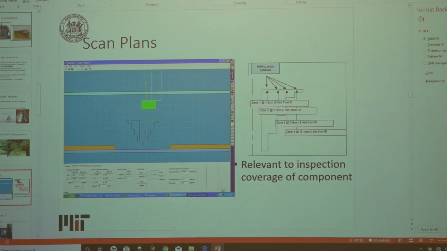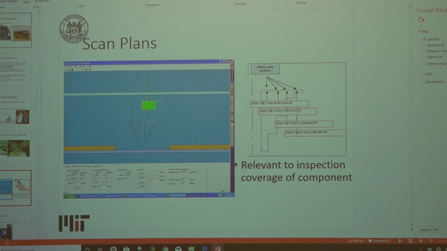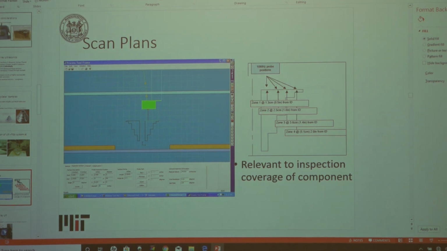But before you can do the inspection with an automated method, a human has to generate the scan plan, and the scan plan is specific to the component being tested. So if you had the scan plan inappropriately, you wouldn't get full coverage.